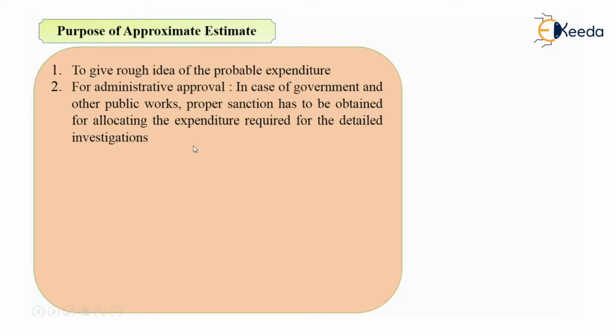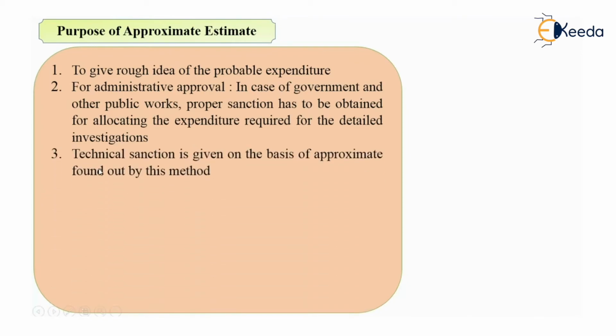So it will also be helpful in the administrative approval, so that for the detailed investigation, for the preparation of plans and estimates, you will have at least the approximate data that this will be the probable cost of my structure. Then technical sanction is given on the basis of the approximate estimate found out by this method. Means for the technical sanction, you must know what will be my approximate cost.